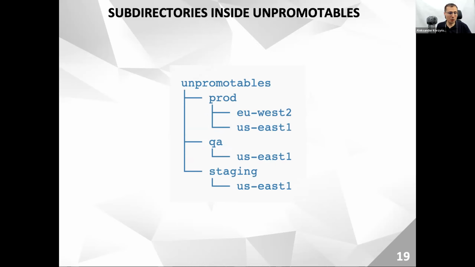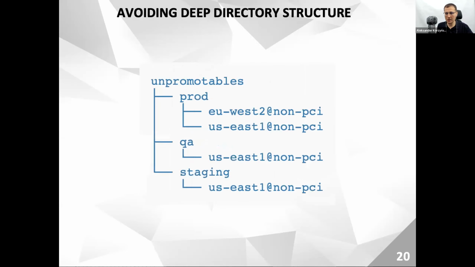There's no problem. I probably would say we shouldn't have too many layers of subdirectories. So if you need another layer, I would just say use the @ character, because the developer experience may actually suffer if you create too many layers. So non-PCI is an example. If you're a regulated business and you process payment card information, you may keep that in a separate cluster, and you may have a non-PCI cluster for stuff that doesn't process payment card information, and a PCI cluster for everything else.